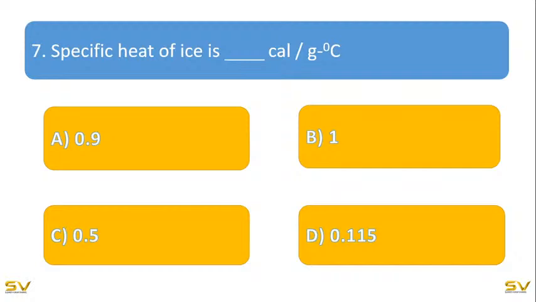You already know that the amount of heat required to raise the temperature of unit mass of a substance by 1 degree rise in temperature is specific heat, and the specific heat of ice is it 0.9, 1, 0.5, 0.115? Yes, answer for the seventh one.